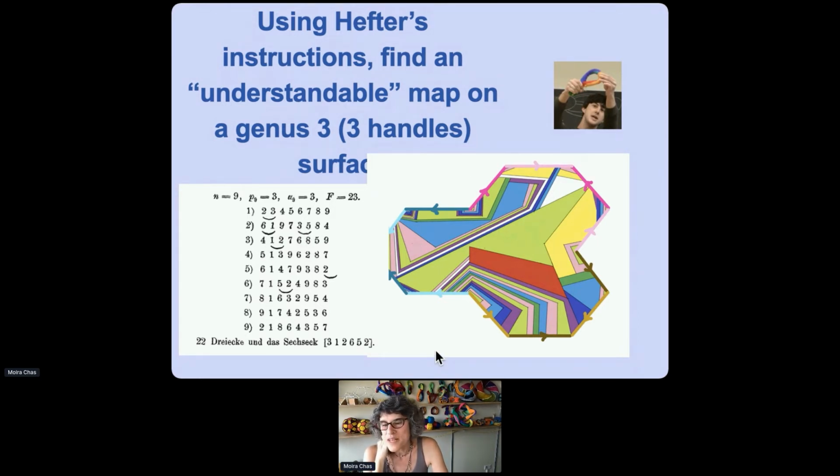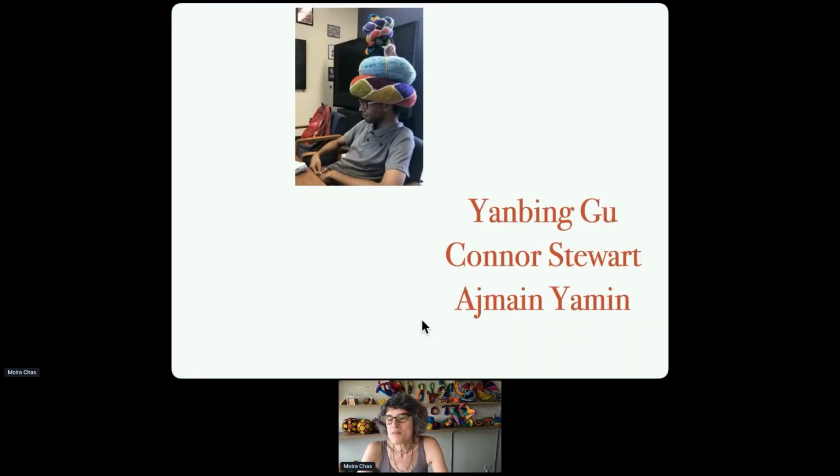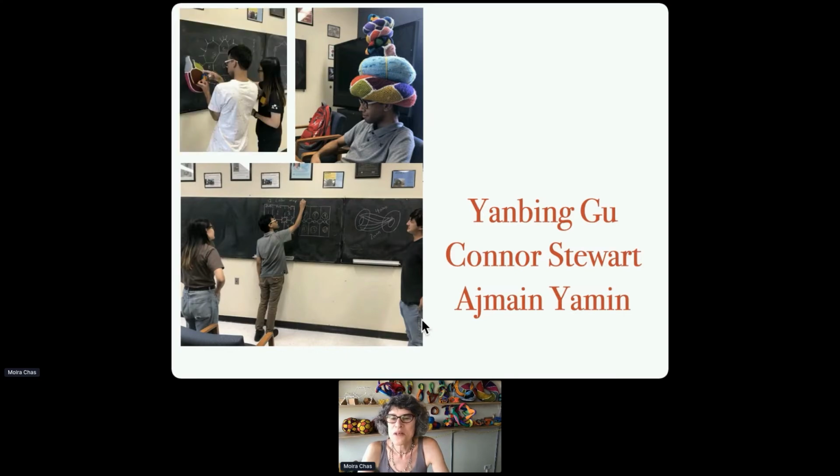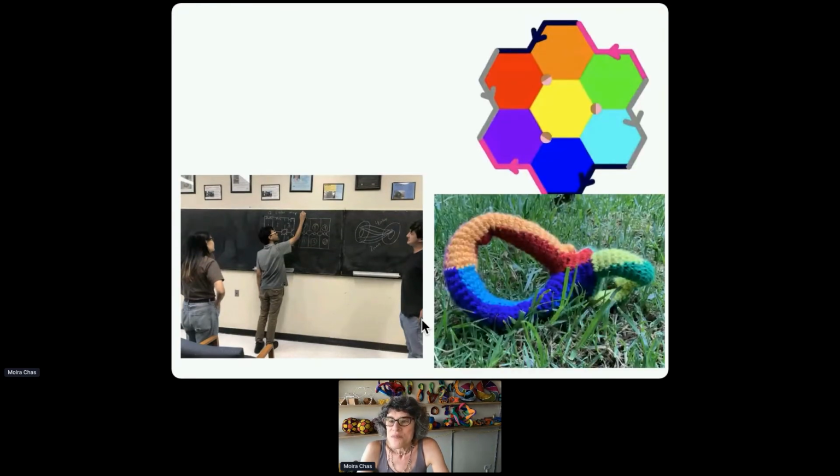I mean, it looks very nice. Again, the colors are glued together to give a genus 3 surface, but this is not understandable. And he kept working together during the summer, he joined forces with these other 2 students. He had them working, and they found a way of doing it. So what you see here is a torus after gluing.